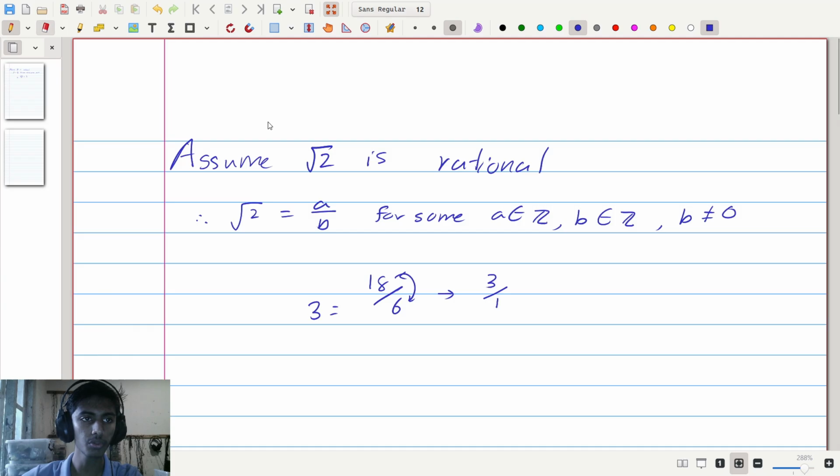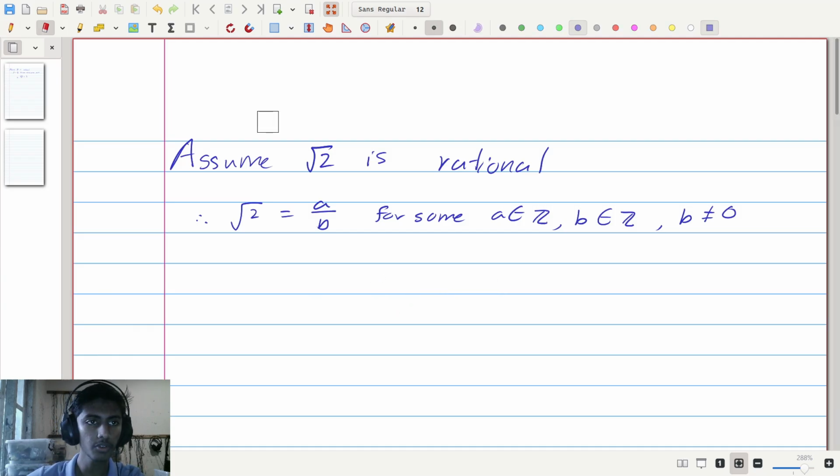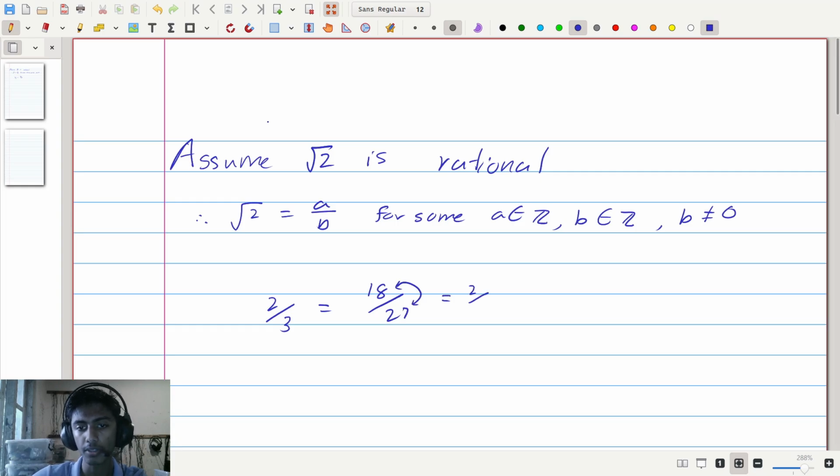Or let's say 2/3: this number could have been written as 18 divided by 27, but there is a common factor here which could have been erased to give us a simpler number.